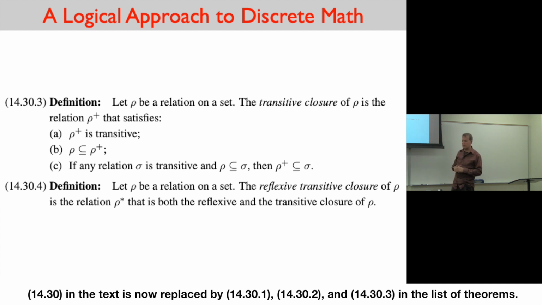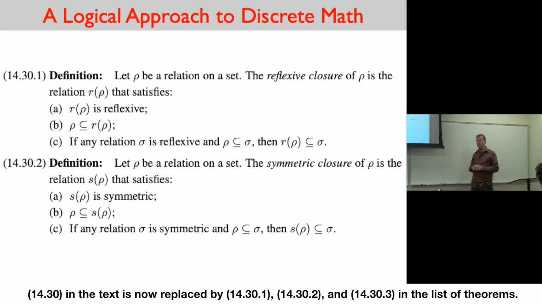And what does it mean to close a relation? What do you do to it? You add ordered pairs to it to give it that property, but only the ones that you need. No more. Do you remember that?